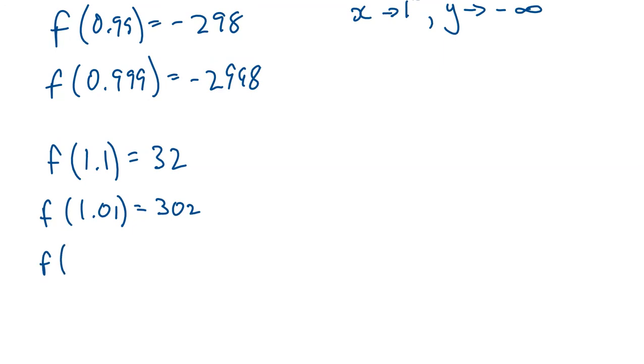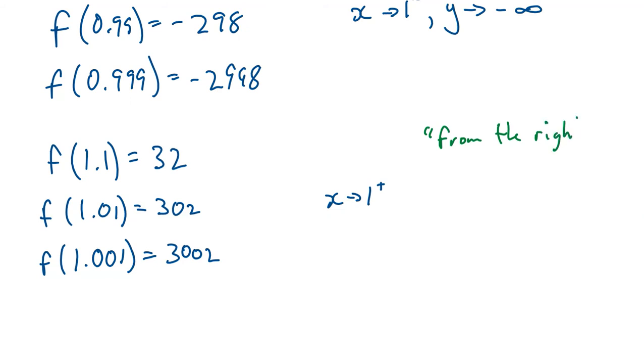And F at 1.001 gives us 3002. So what's happening here as x approaches 1 from the right? Y is going to positive infinity, right?